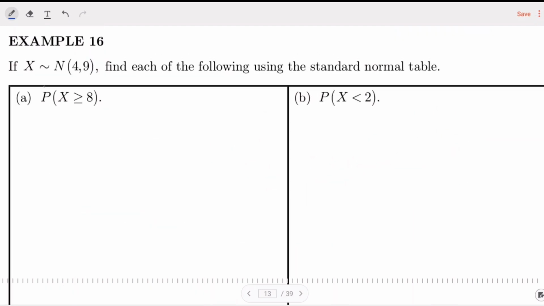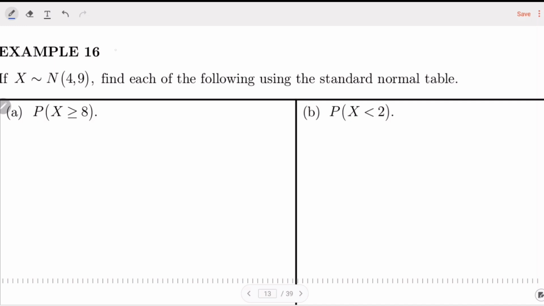Example 16. If X tilde N(4, 9), find each of the following using the standard normal table. First of all, we need to know that if our mu does not equal 0 and sigma does not equal 1, we need to standardize our X to Z first.